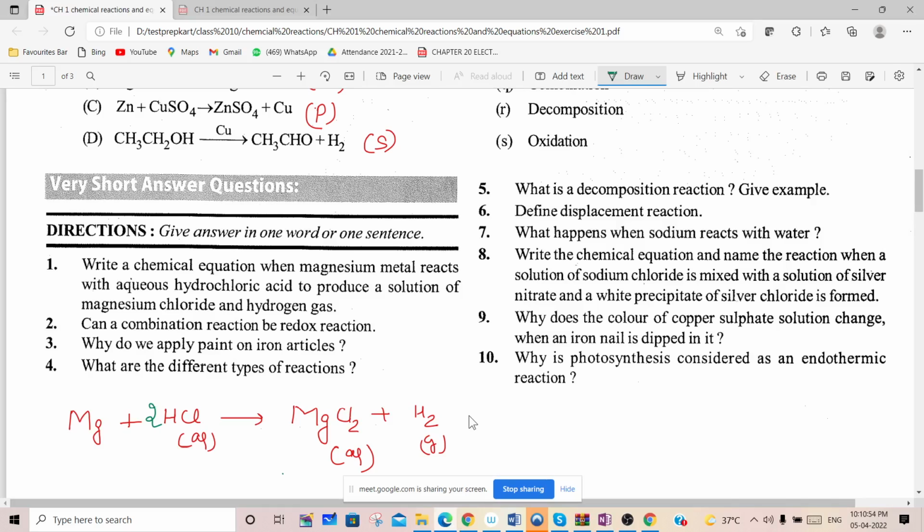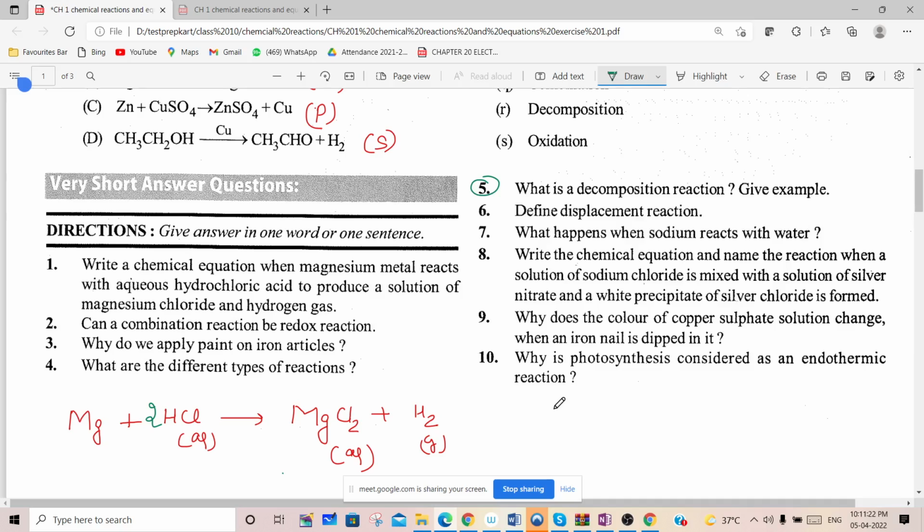What is the decomposition reaction? Fifth question. When a substance is broken down into two or more simple compounds, it is called a decomposition reaction.